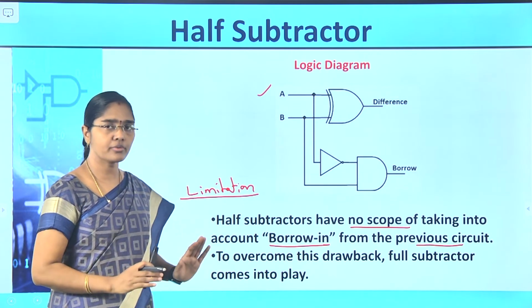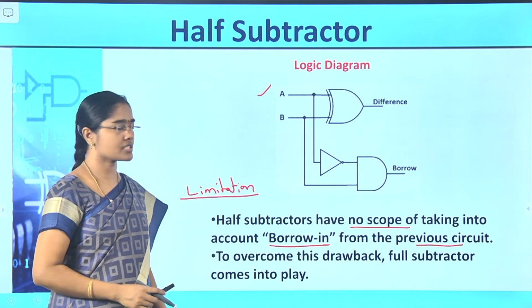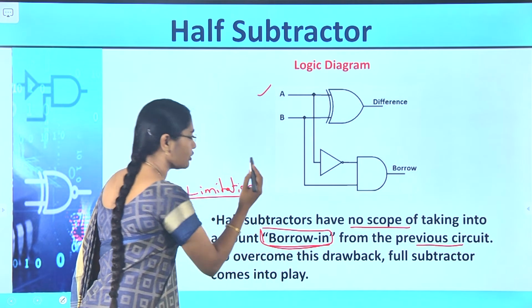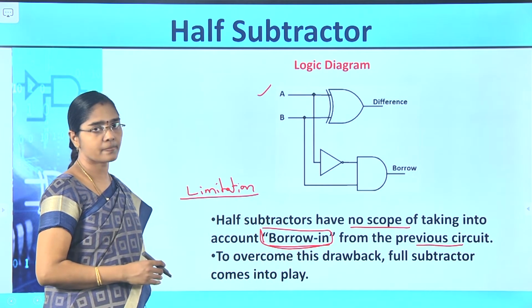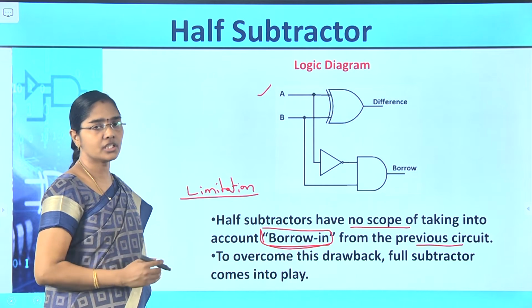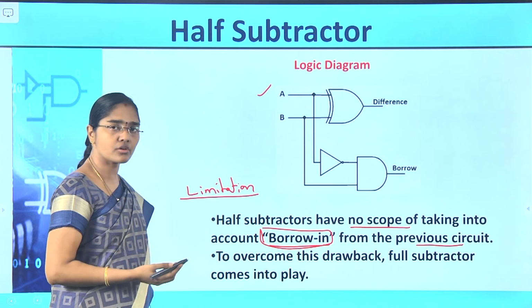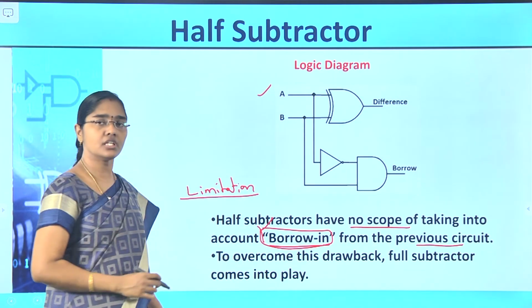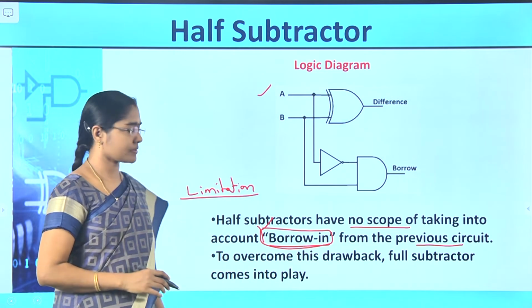There is no scope to take borrow in from the previous stage, so there is no scope for taking a third bit into the subtraction process. This is the main limitation of the half subtractor. Therefore, the circuit which is going to be used for taking this borrow in also for the subtraction operation is called full subtractor.